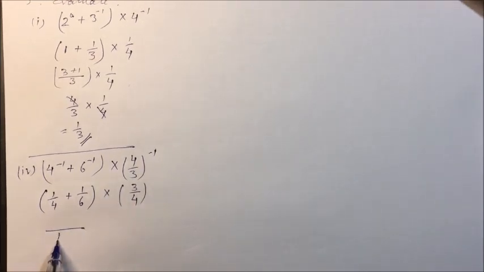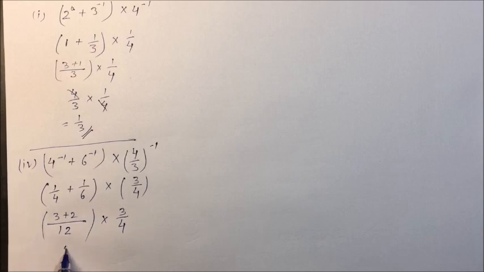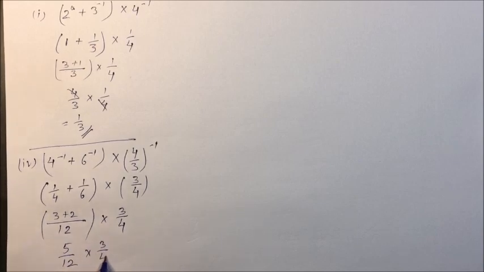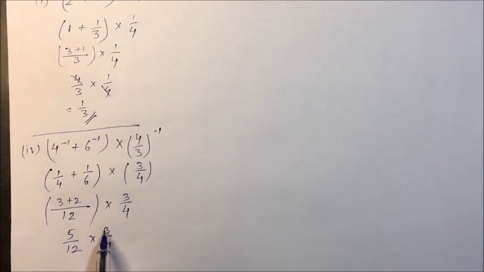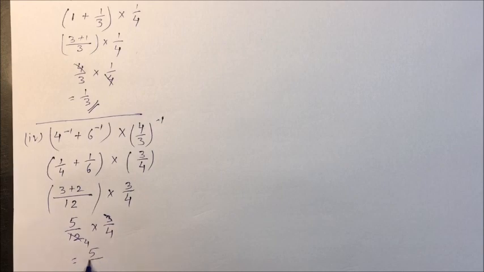Next, take the LCM, 12, (3 plus 2) into 3 upon 4. 5 upon 12 into 3 upon 4. So 3, here will be 4. Answer is 5 upon 16.